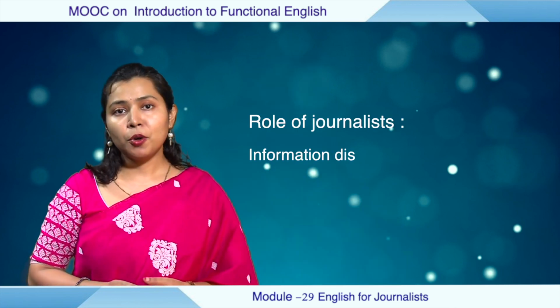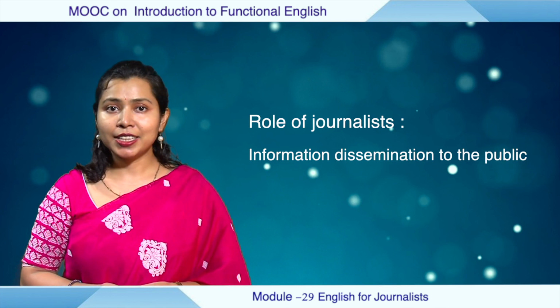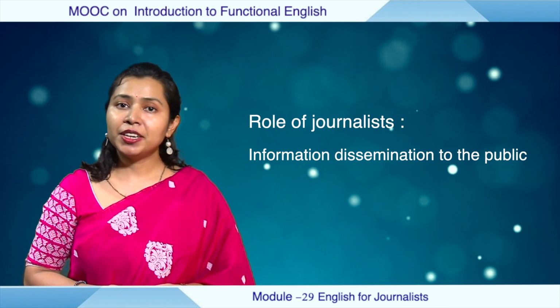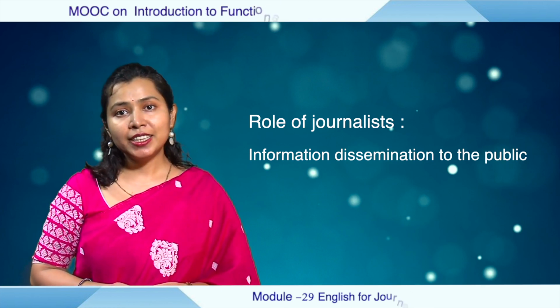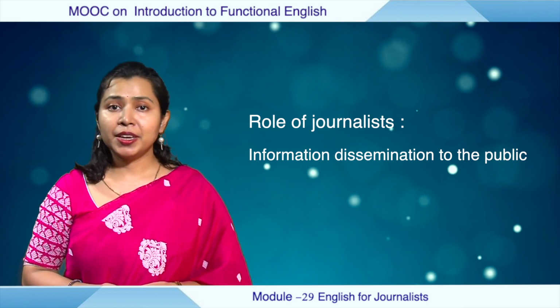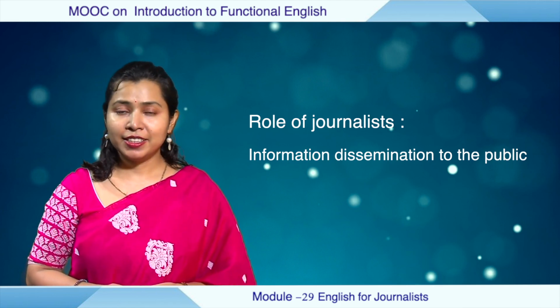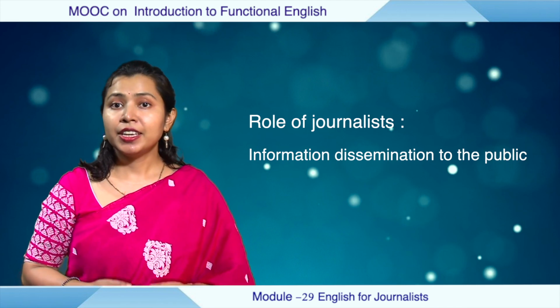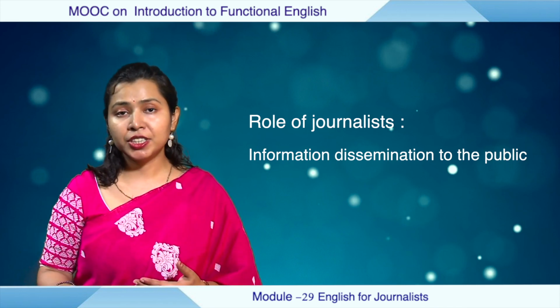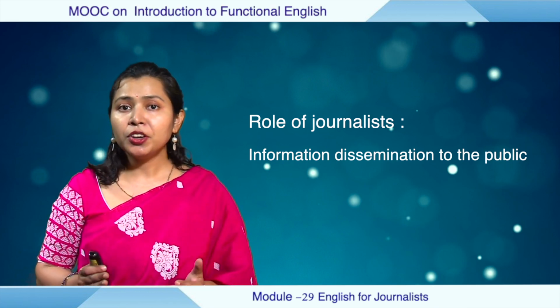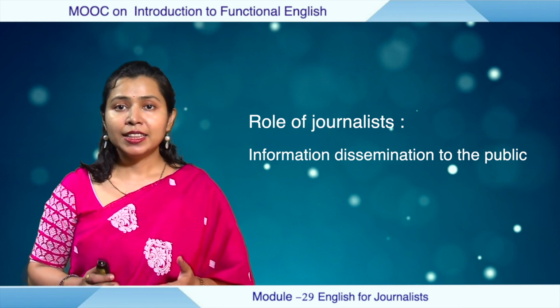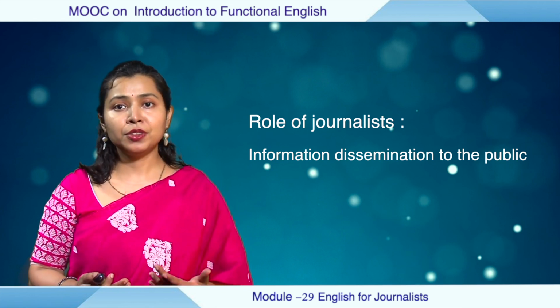The first and important function or task of a journalist is information dissemination. The journalists gather different information through various methods such as research, interviews, and observation, and after gathering all this information from the field, they try to provide it to the public.